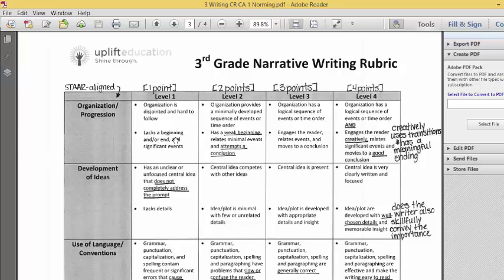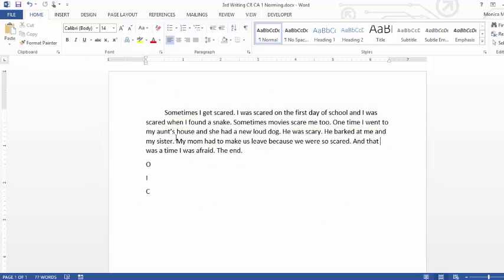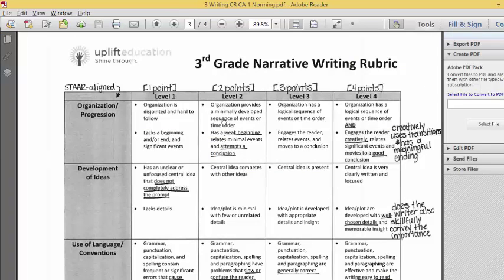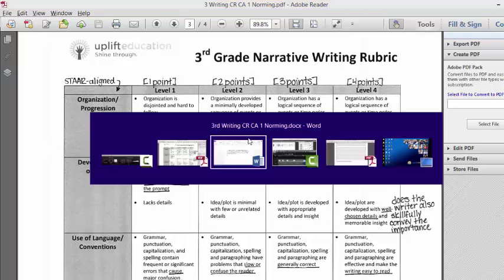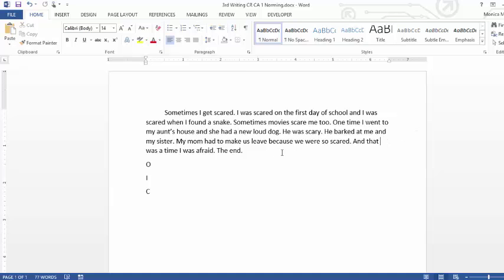It doesn't lack a beginning, and it doesn't lack events, because it does talk about going to the aunt's house, and she had a new loud dog. So for organization and progression, I would probably give this one a level 2. It has a weak beginning and attempts a conclusion, trying to say that was the time I was afraid. So I'd give this a level 2. And that's how I would score it, either at the top or at the bottom.